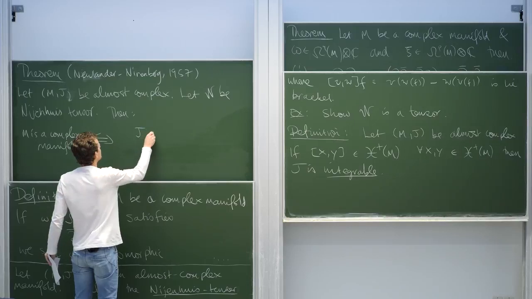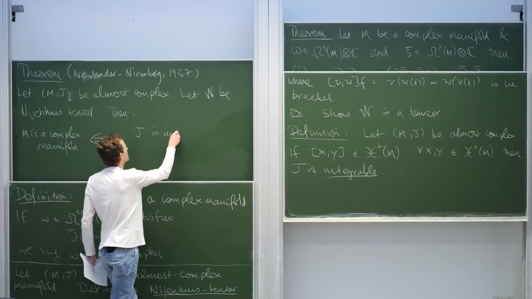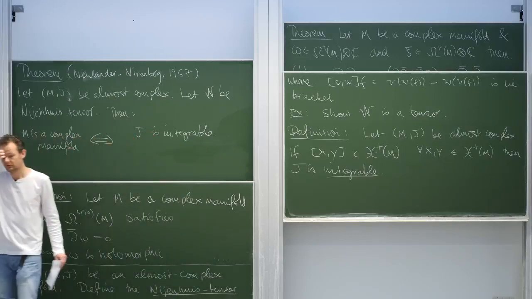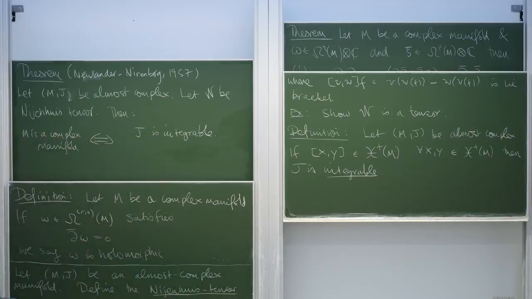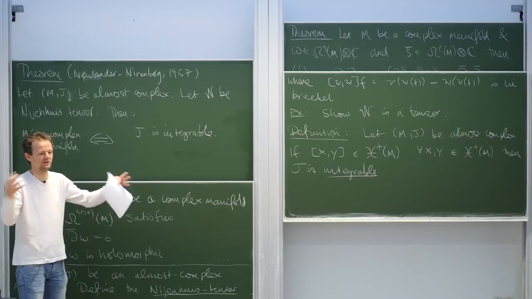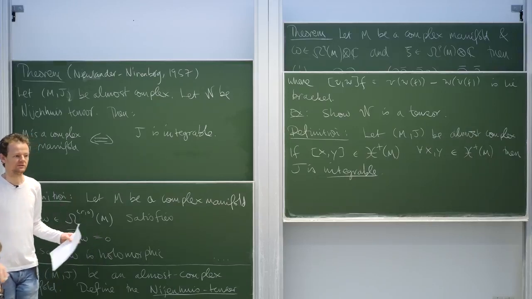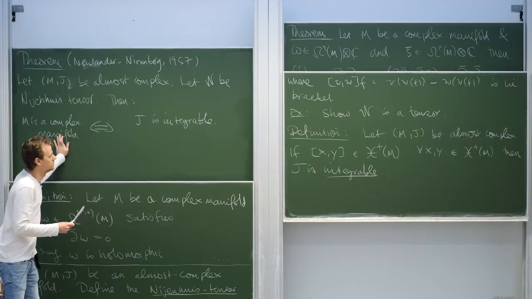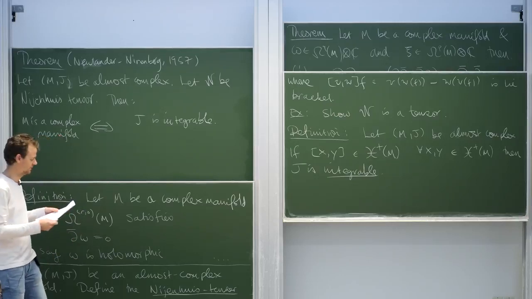Well, one of them we've seen, I've argued for. J is integrable, so the Lie bracket of any holomorphic vector fields is holomorphic. That means you can exponentiate out coordinates, holomorphic coordinates, and then continue your coordinate patches through your manifold.